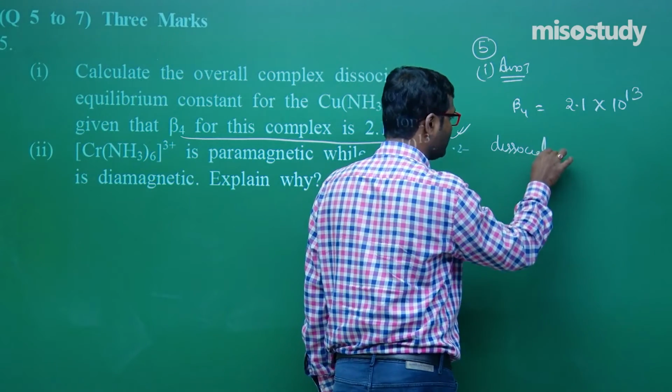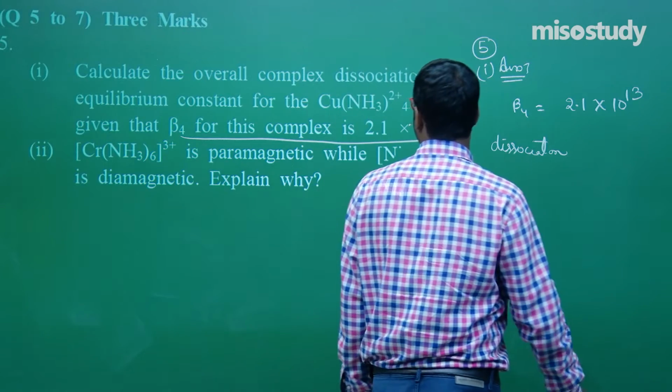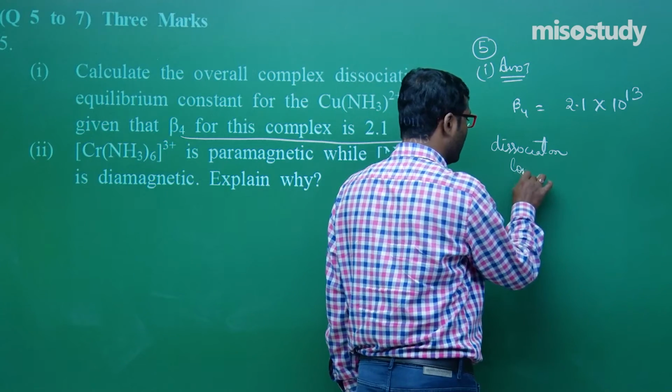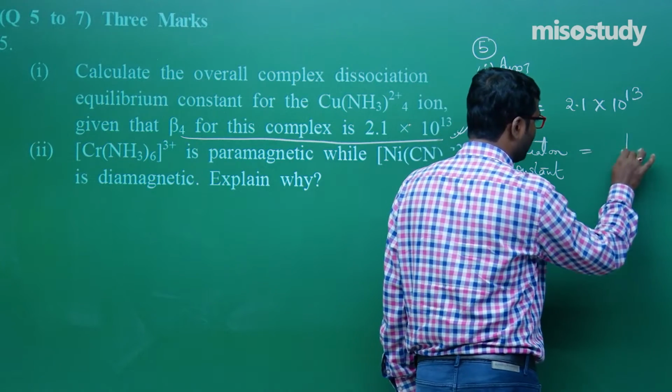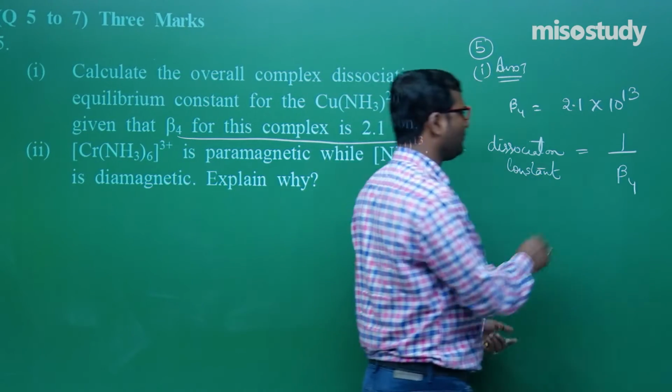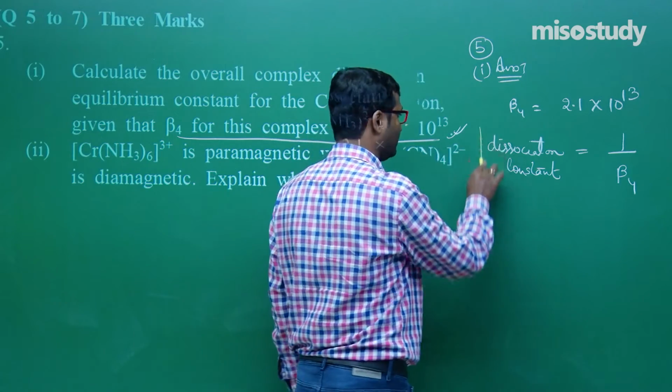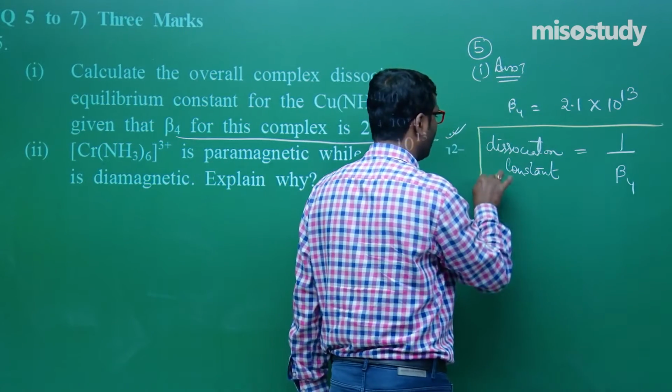And we know they are reciprocal with each other. The stability constant is reciprocal with the dissociation constant. So the dissociation constant will be 1 upon β4. This is a simple explanation. This is the relation. They are reciprocal.